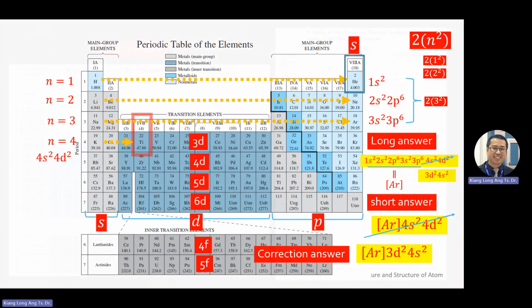Okay, this is a cheat code for SPDF. No, this is orbital number 6, number 7. Orbital 6, orbital 7. This is the n number.